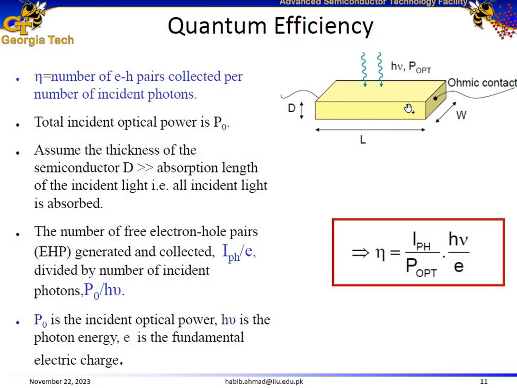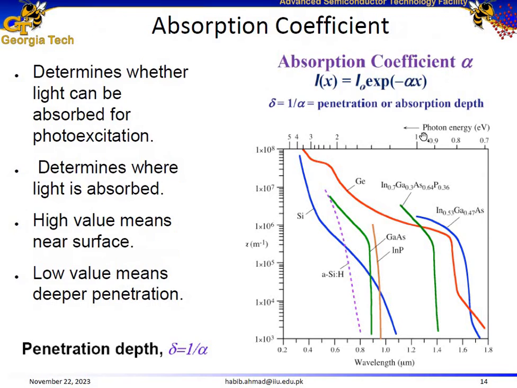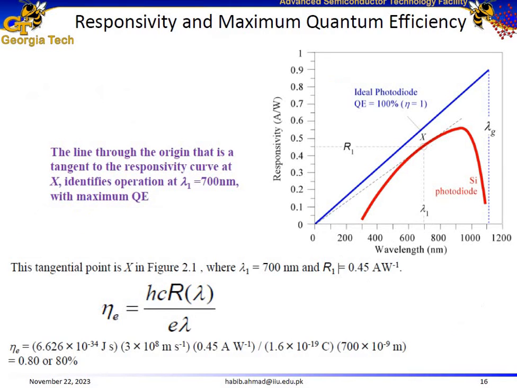Because of these factors, we cannot really achieve an efficiency of 100%. The efficiency for a photodetector is always less than 100%.